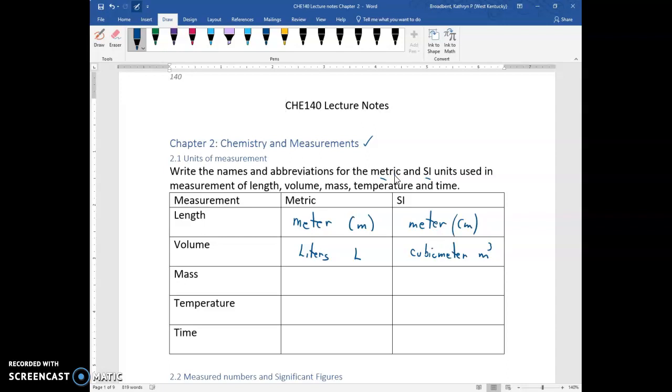All right, mass is measured in grams, small g, or in kilograms, and that's kg. Temperature is measured in Celsius, degrees Celsius, or in Kelvin. When we do gas laws, we'll do Kelvin exclusively. And time is measured in seconds in both cases.